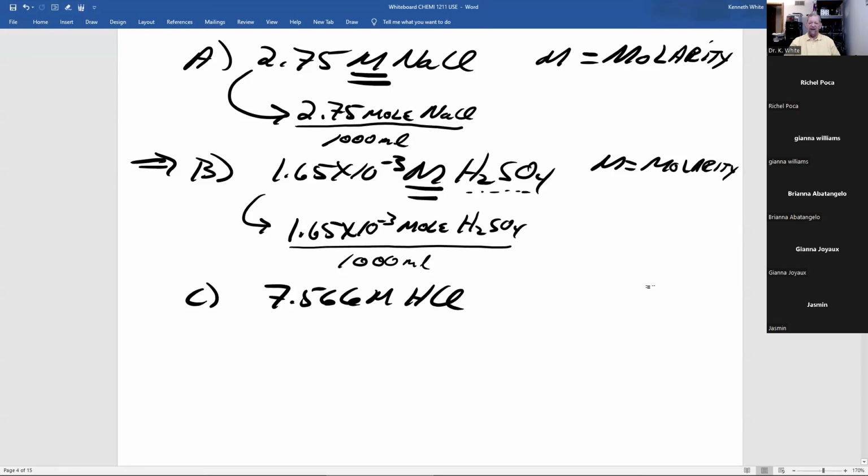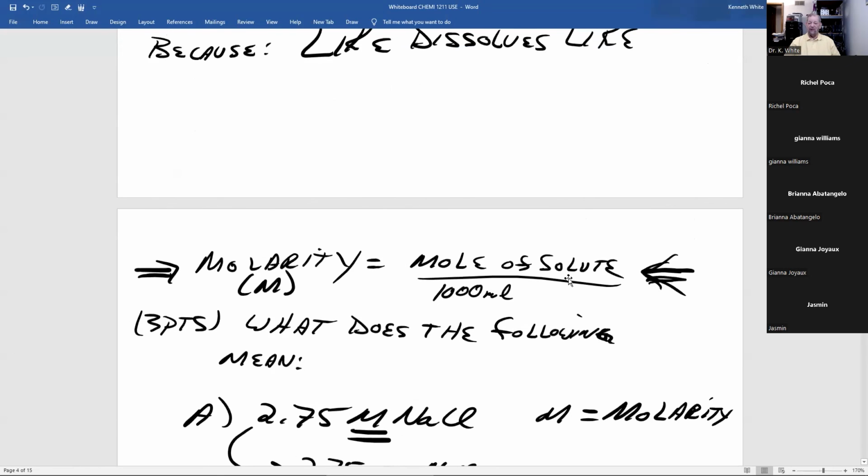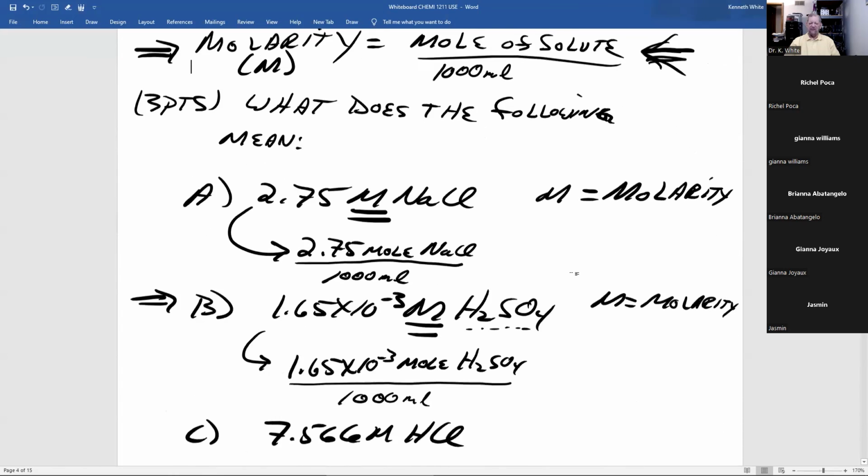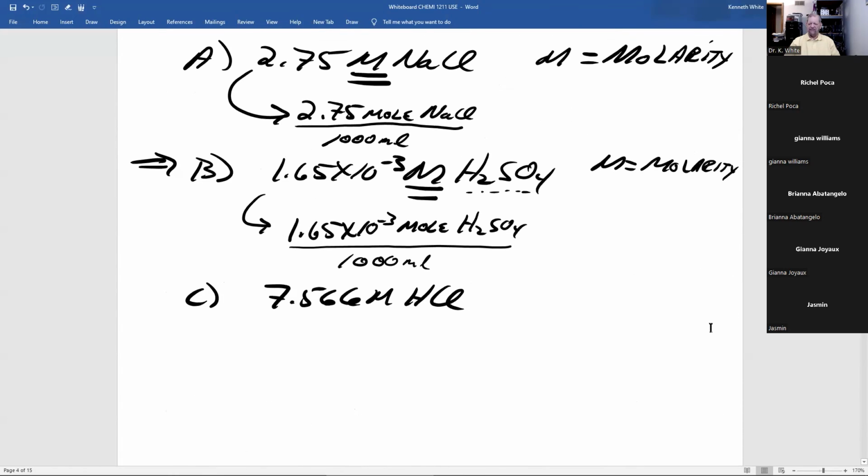Again, what does that mean? Hint, molarity, moles of solute per 1,000 milliliters of solution. And when you're done, give me a thumbs up. I see one person done. A bunch of others are finishing up.